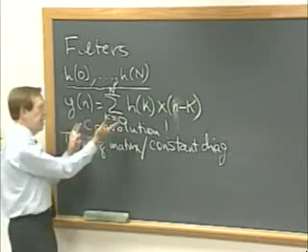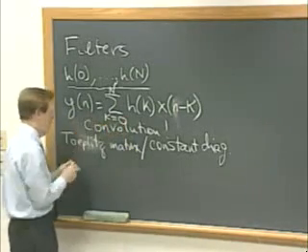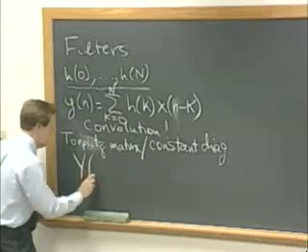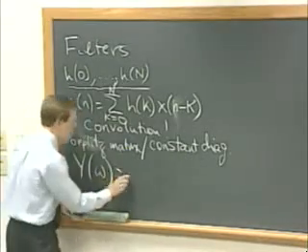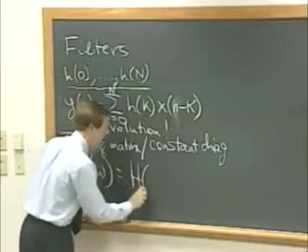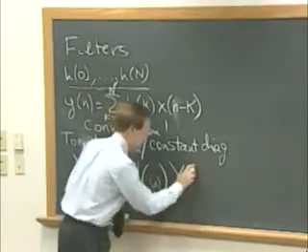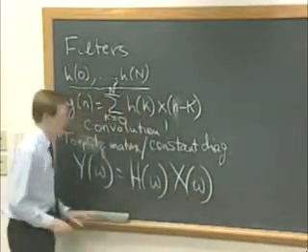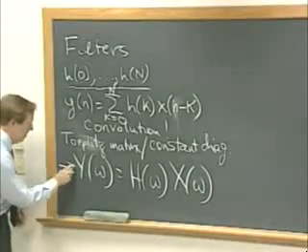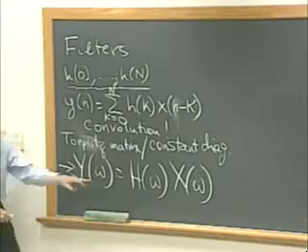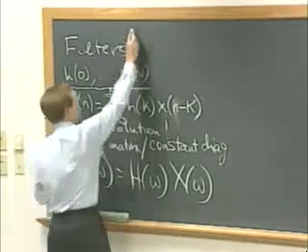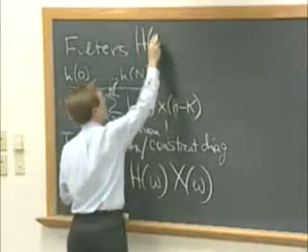This convolution in the time domain, you remember, goes into a multiplication. So if I take discrete transforms of the output, the filter, and the input, then this is the absolutely crucial, simple description. And what is h of omega?